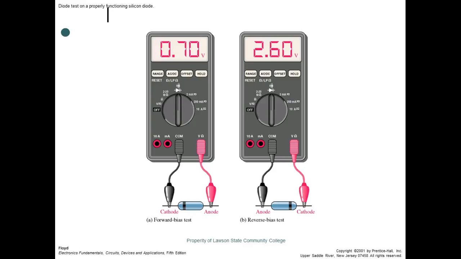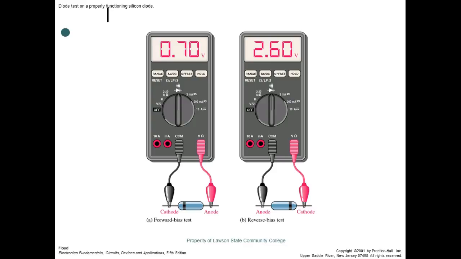So if we put it on the diode scale, what's going to happen? Now the polarity of the meter becomes very important. You need to make sure you have your black lead in the common. You need to make sure you have the red lead in the one that's got V on it, or ohms. That's a shared scale. Okay. Put it on here, and then the silicon is going to measure about 700 millivolts.